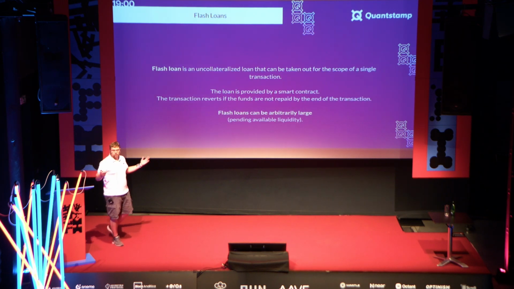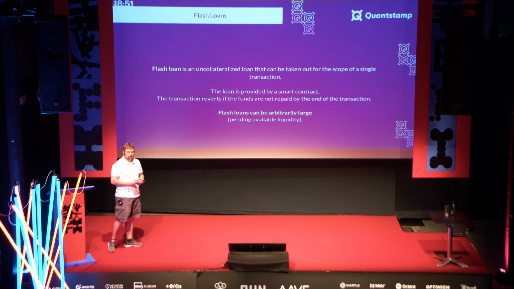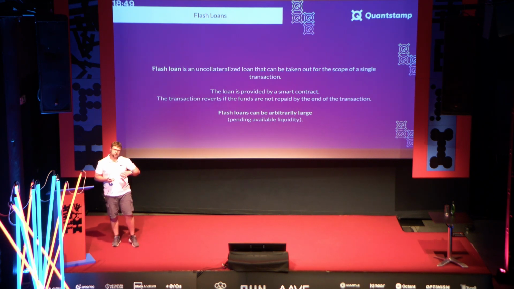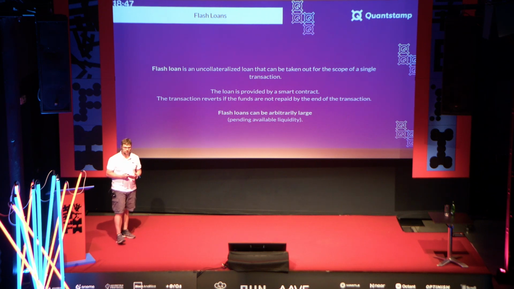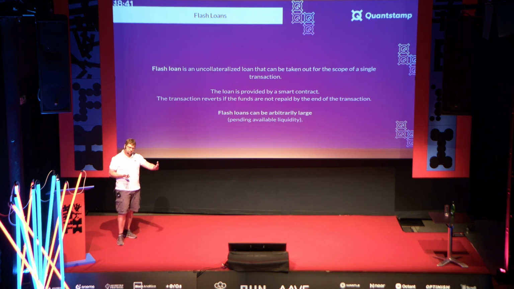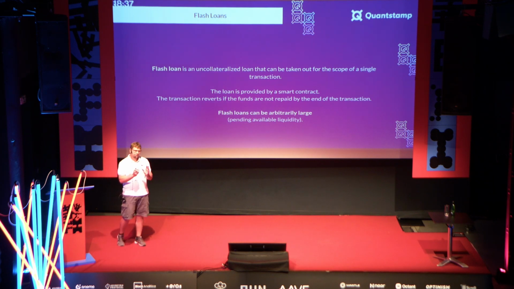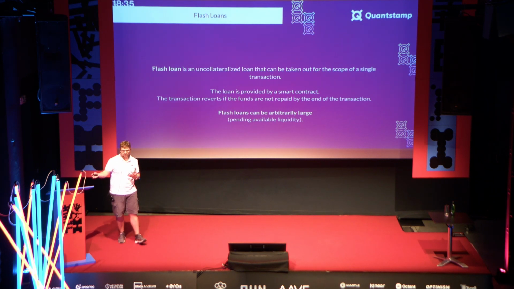So before I talk about anything, I should probably tell you what a flash loan is, so that we all start on the same page. A flash loan is generally an uncollateralized loan that you can take out for the span of a single transaction. It is provided to you by a smart contract, and the way it works is that you say, hey, dear smart contract, give me a lot of money, and with that money on my behalf, do something.